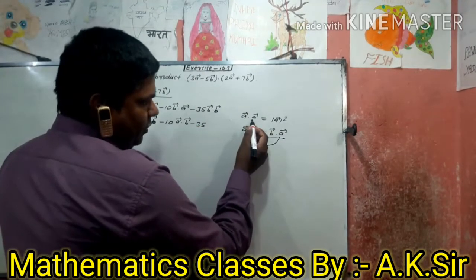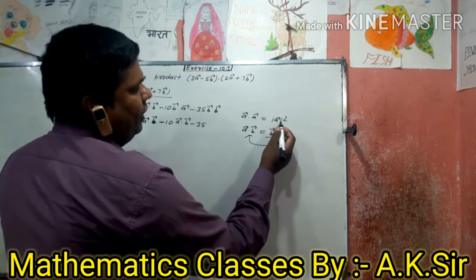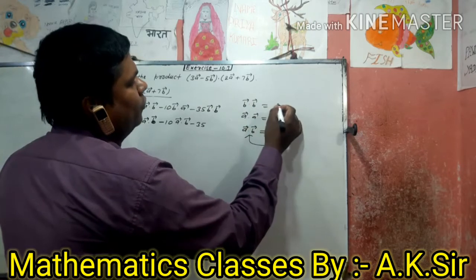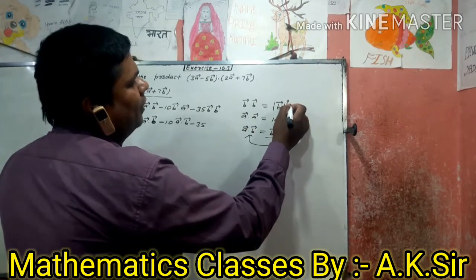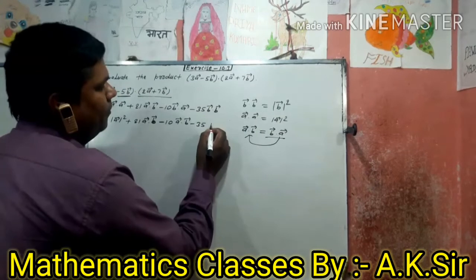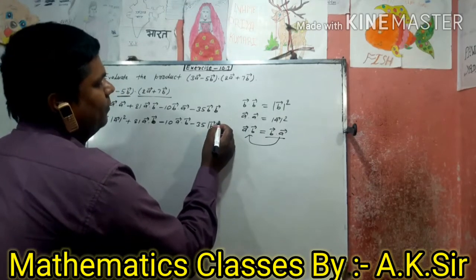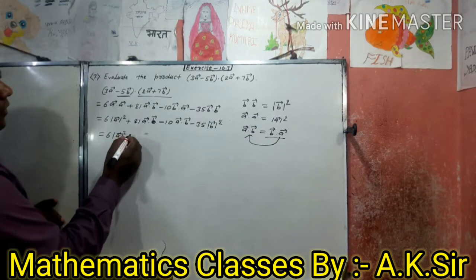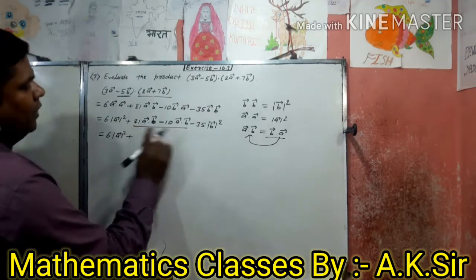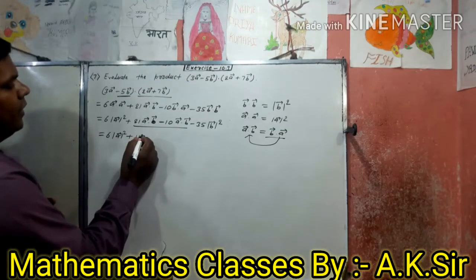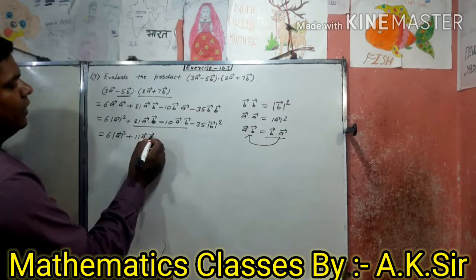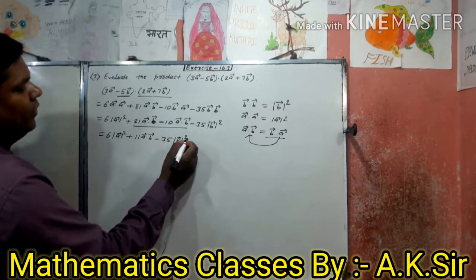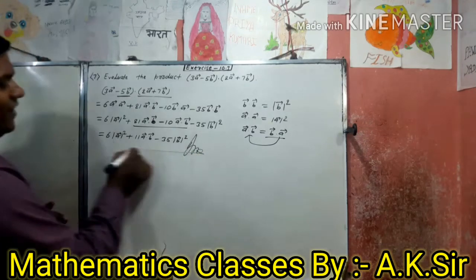We know that b vector dot b vector is equal to magnitude of b to the power 2. So the result is 6 magnitude of a to the power 2 plus, after solving, 11 a vector dot b vector minus 35 magnitude of b to the power 2. This is our answer.